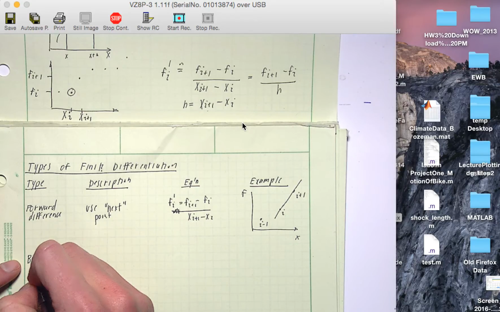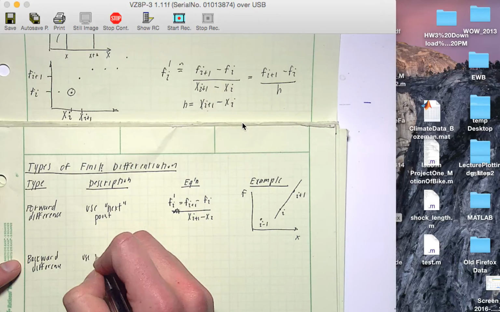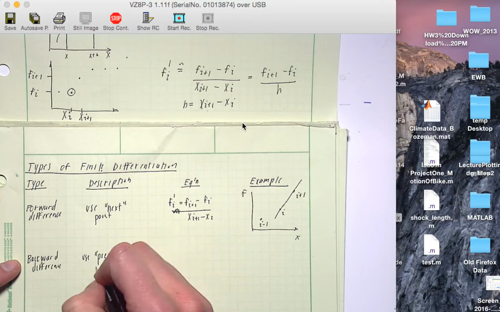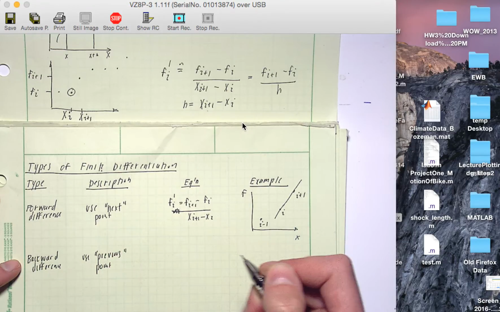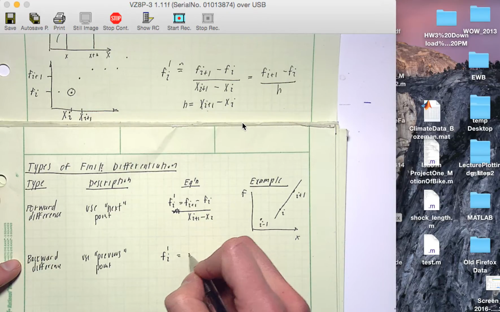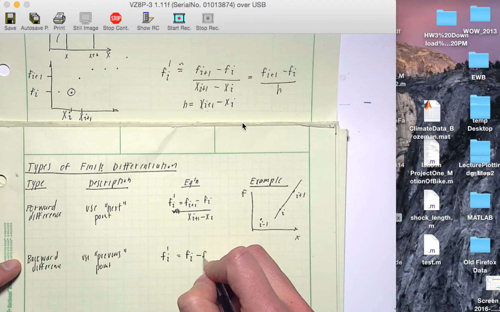So that leads us to a backward difference, which is going to use the previous point. So if you're calculating the derivative at i, you're going to take the point itself, i, and subtract off the point behind it.